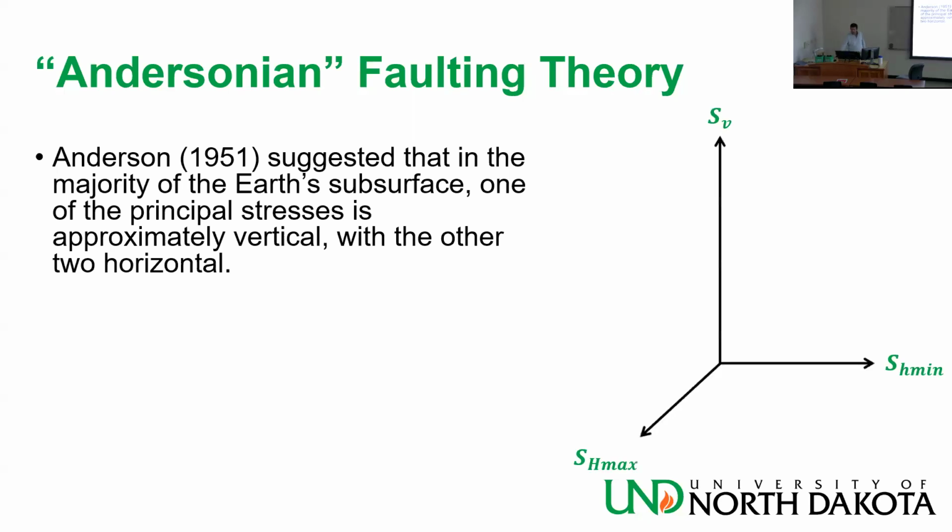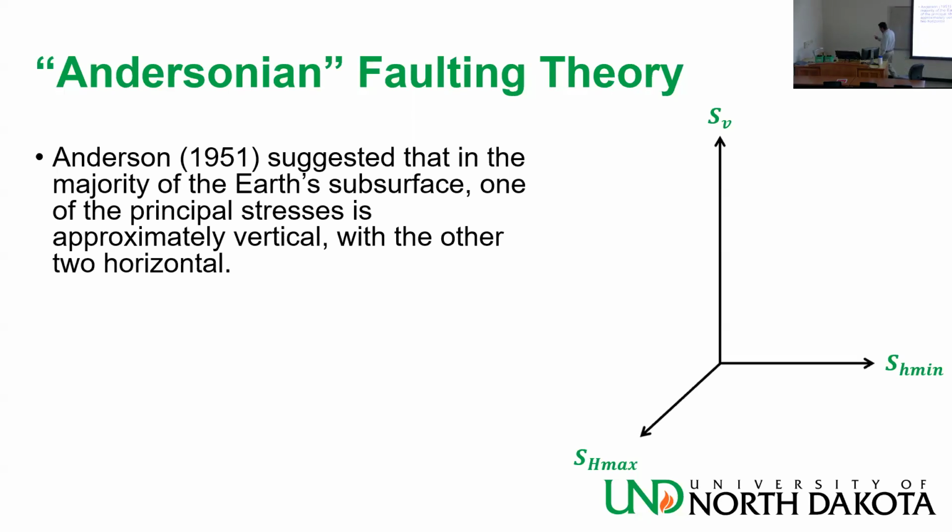And let's call that SV, since it's vertical. S vertical, the vertical in situ principal stress. That means that you have 2 horizontal stresses, the other 2 in situ principal stresses, and one of them will be more compressive than the other.